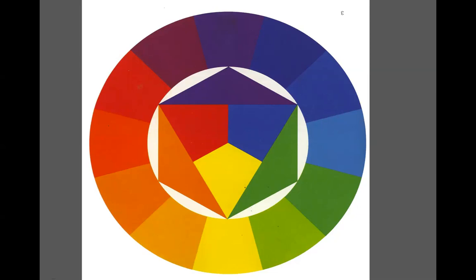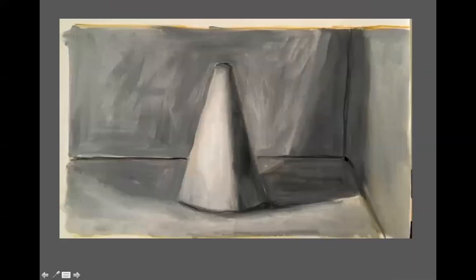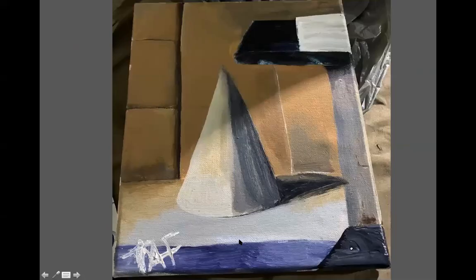In other words, we may say that orange is always warm, blue is always cool. But we want to start thinking about it also in terms of relationships. So the relative warmth or coolness of a color, or the temperature of a color relative to another color.